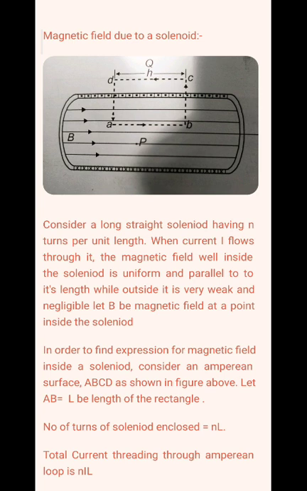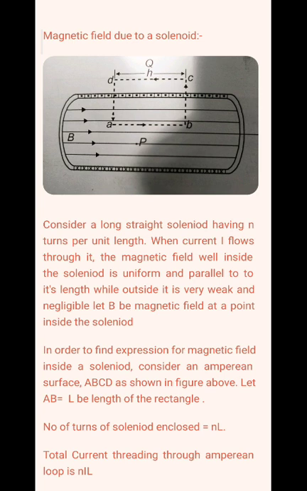We apply Ampere's circuital law again. To find the field within the solenoid, we take a point P inside it, and around that point we make a rectangular path ABCD. Let the total path be L, and B be the field within that uniform field.